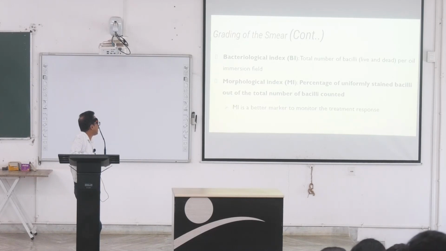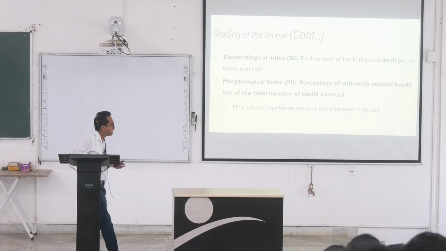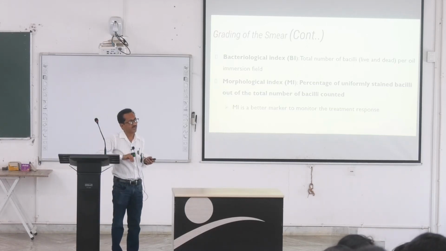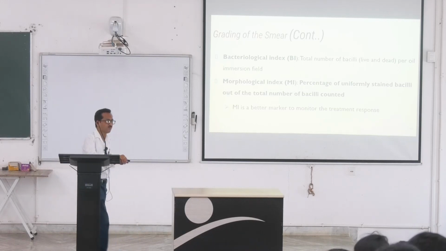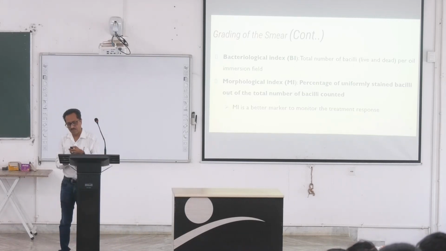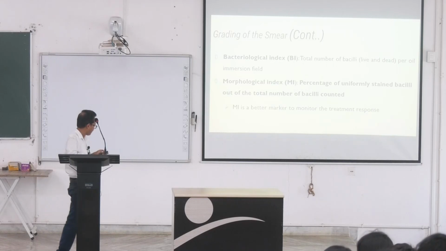The morphological index is the percentage of uniformly stained bacilli out of the total number of bacilli counted. So what is a better index for monitoring treatment? The morphological index is a better index for monitoring the treatment of leprosy.